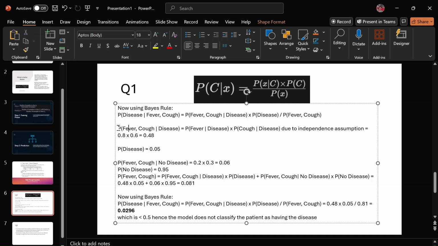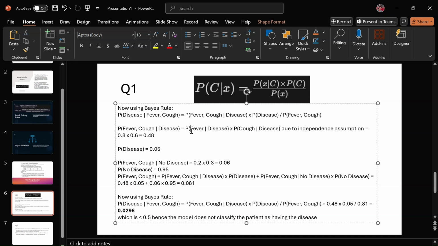From that, we can now start to work out the various terms we need to get the answer. So the first term that we needed is the probability they have a fever and cough given that they have the disease. This is a joint probability, obviously, which means since we're assuming each feature is independent, we can just split it up into the probability they have a fever given they have the disease multiplied by the probability they have a cough given they have the disease, due to the independence assumption.